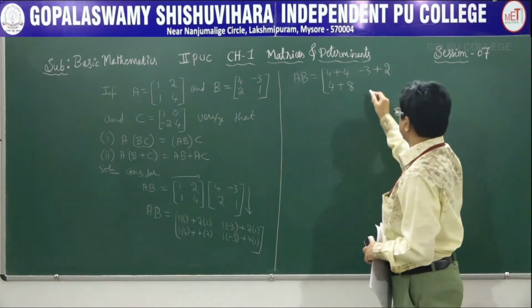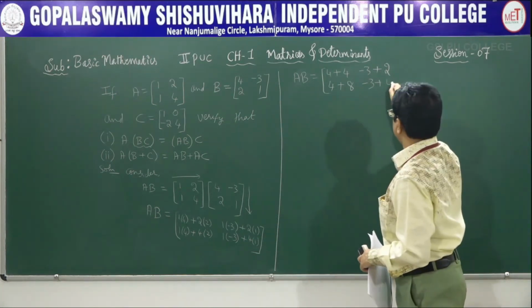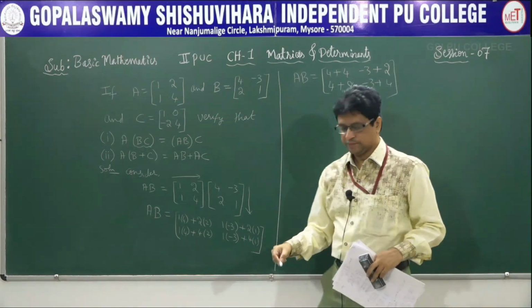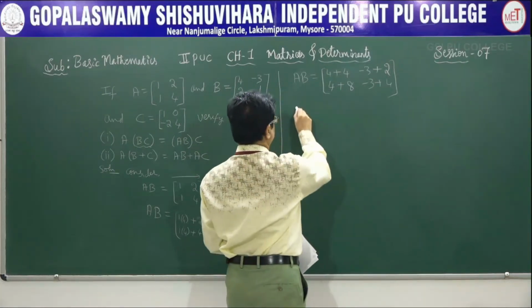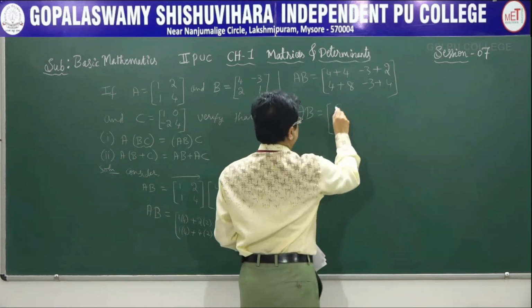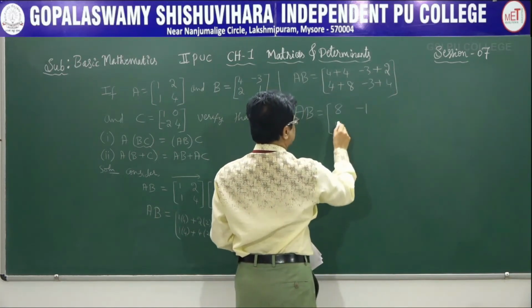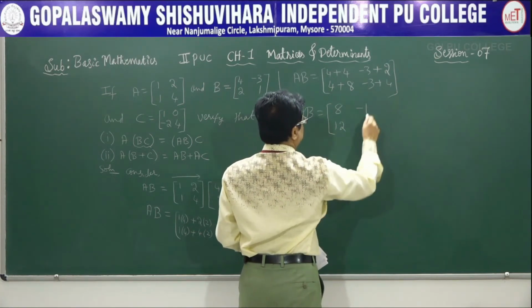So 1 into minus 3 plus 4 into 1, 4. So AB will be equal to 4 plus 4, 8, minus 3 plus 2, minus 1, 4 plus 8, 12, minus 3 plus 4, 1.